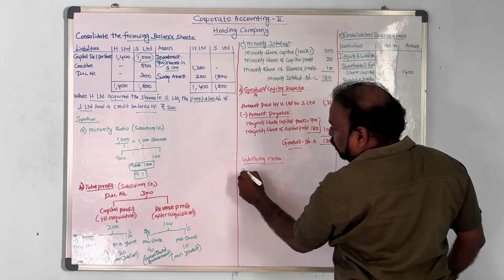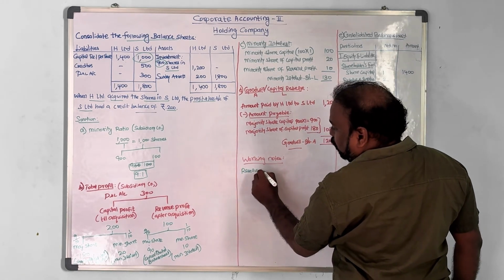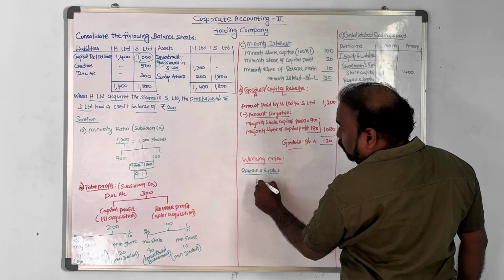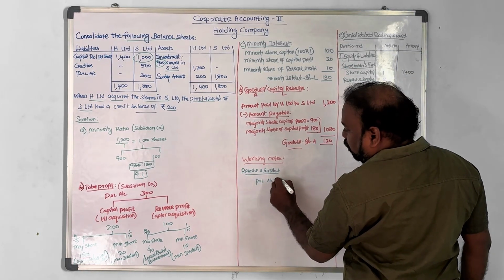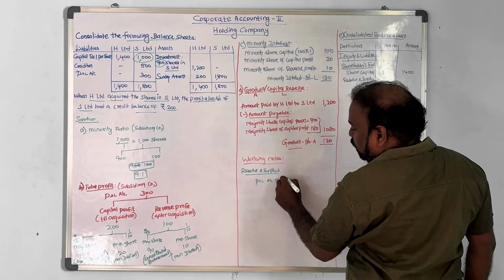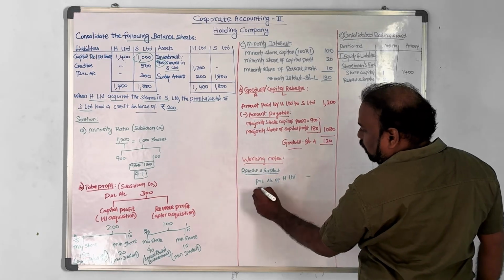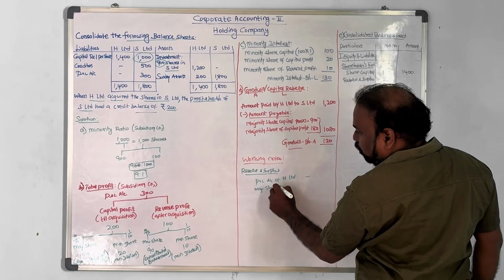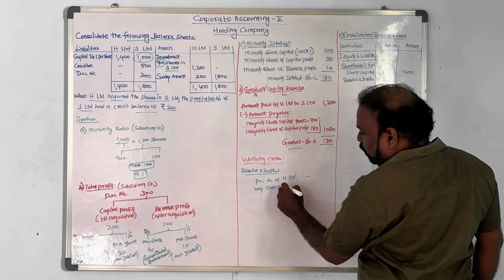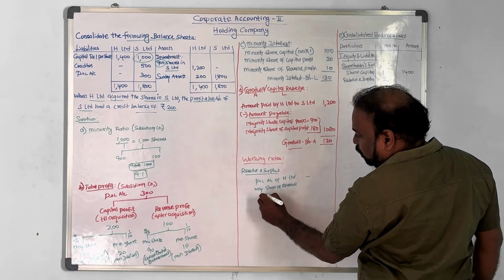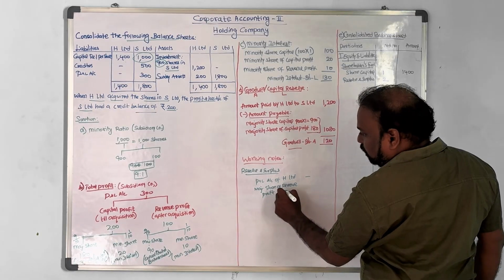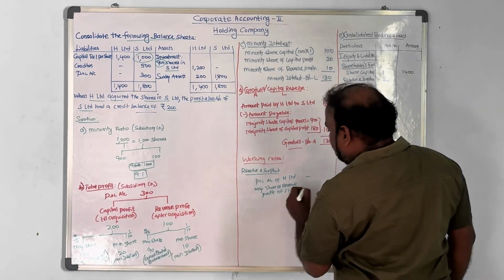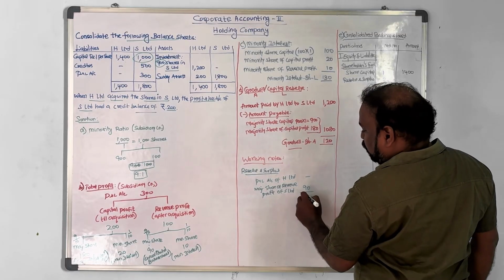P&L account of H Limited nil. Then majority share of revenue profit of S Limited, which I have mentioned already should come in the consolidated balance sheet: 90.